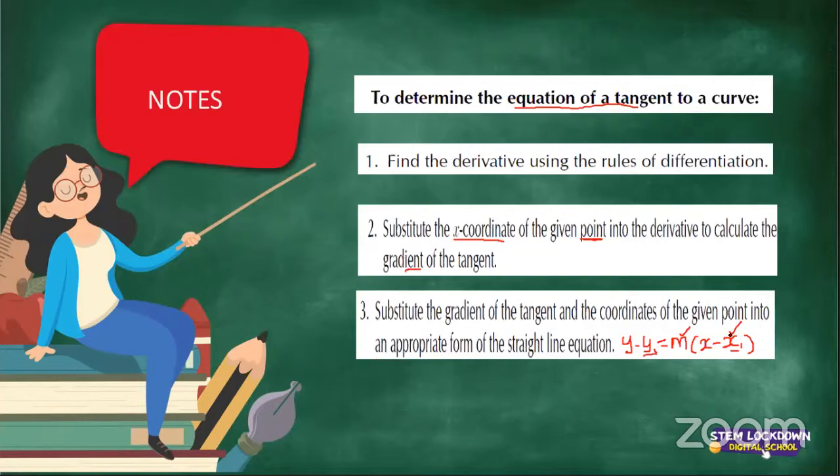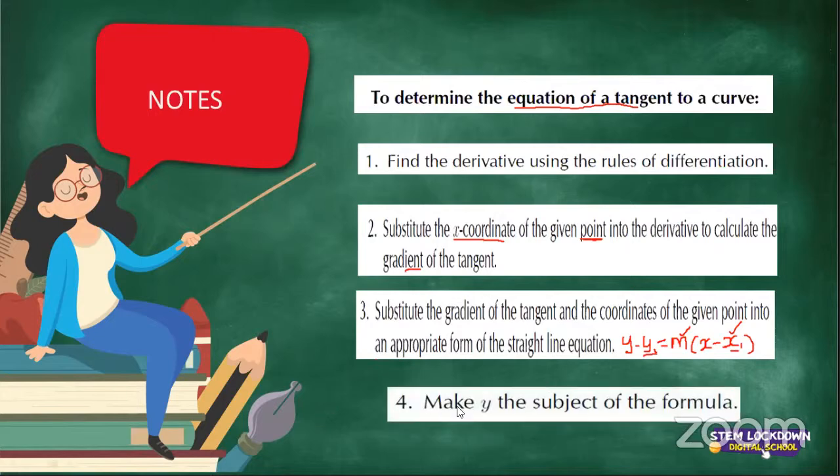But then if you substitute the value of x1 into the equation that you get after differentiating, you calculate the gradient. Okay. And then after that, you make y the subject of the formula, and then you get the equation of the line. Okay.